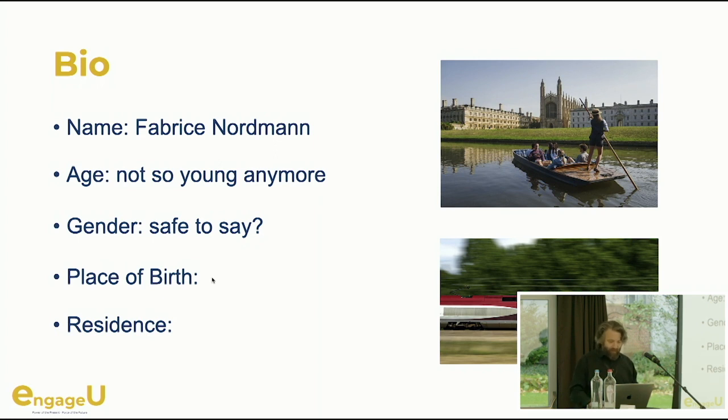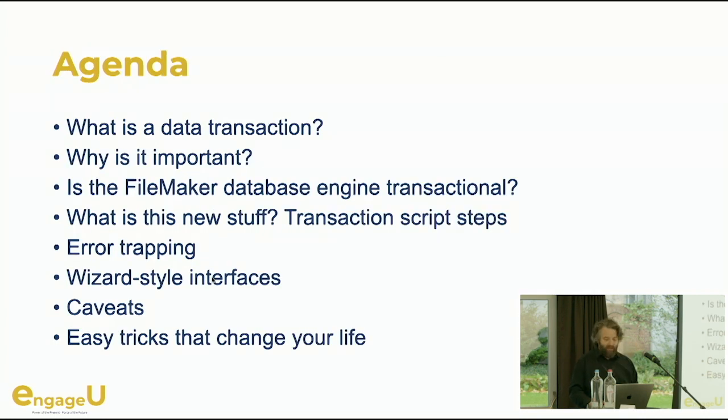So now I'm going to the subject and see the agenda of this session. First, what is a data transaction? Why is it important? Is the FileMaker engine transactional, the database engine? What is this new stuff?